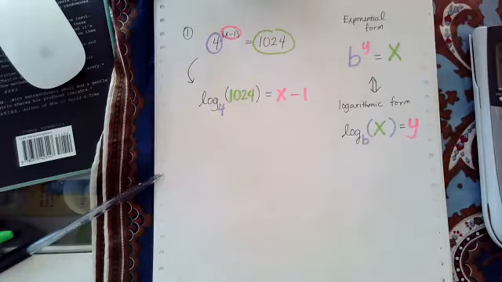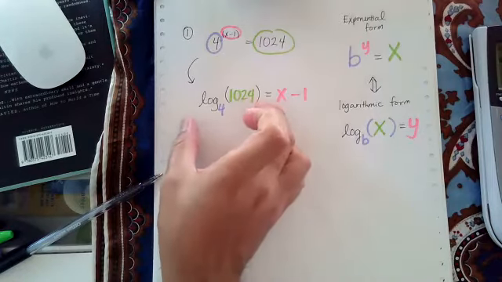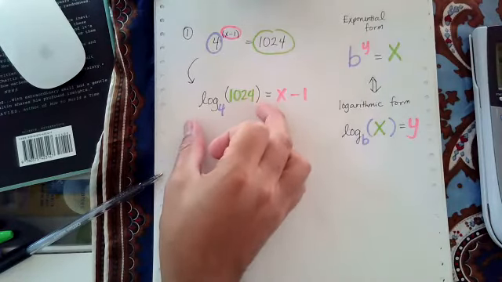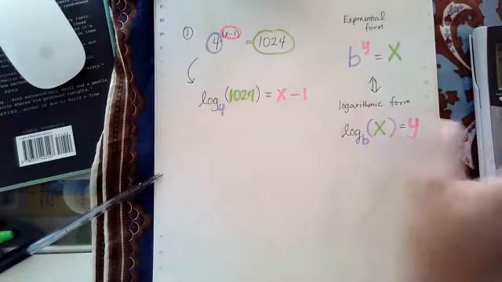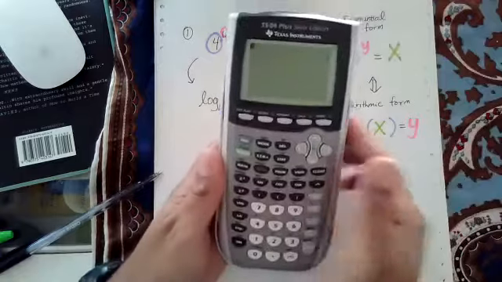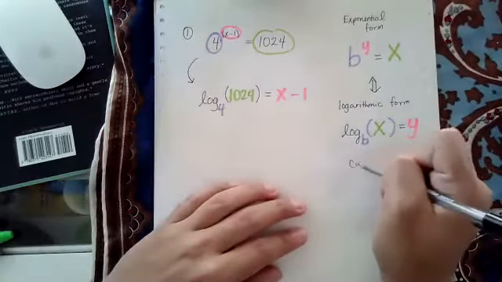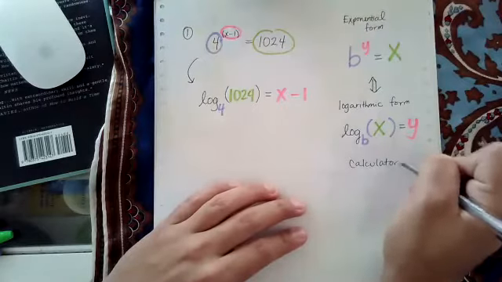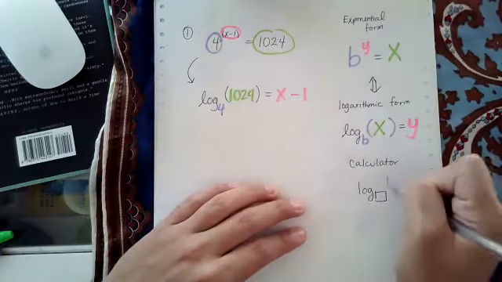And on the face of it, that might not seem simpler, but we could evaluate this part in the calculator, this log base 4 of 1024. In some of y'all's calculators, you might have a button that has log, and then a little blank here, and then another blank here.